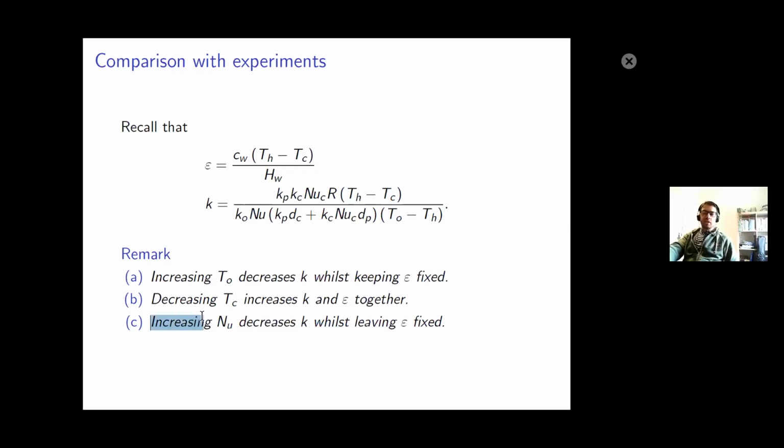Additionally, if we increase the Nusselt number of the oil wax mixture, this will decrease k. So we have our Nusselt number here, just here for the oil wax mixture, and if this increases, then the constant k will decrease.